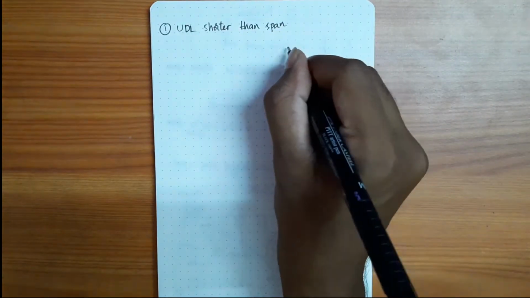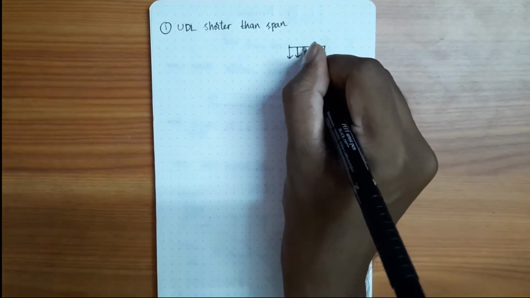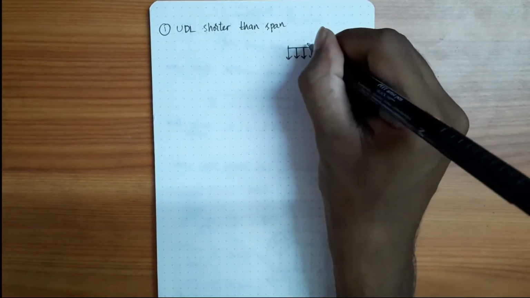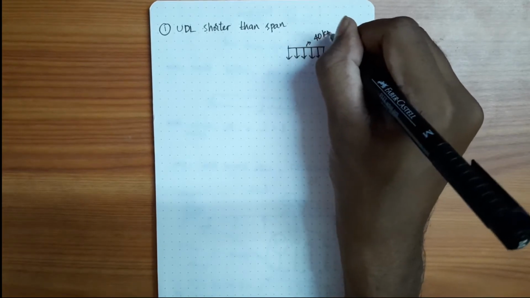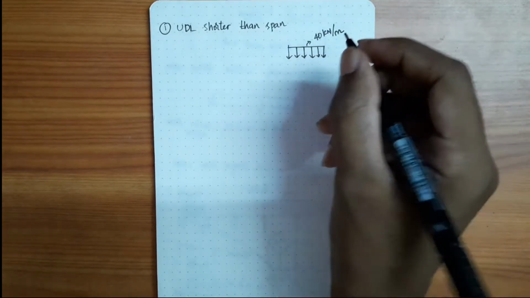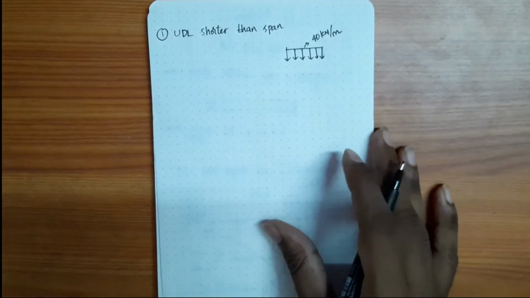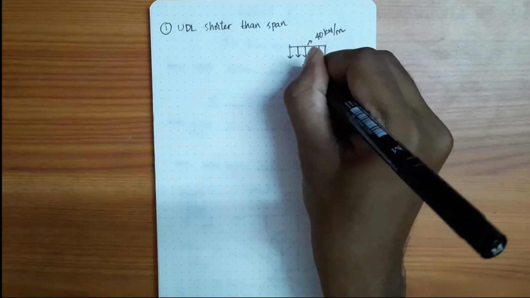Okay, let us take the load. Okay, this is our UDL. Let this one be 40 kilonewton per meter. Okay, the span of the UDL is 5 meters.